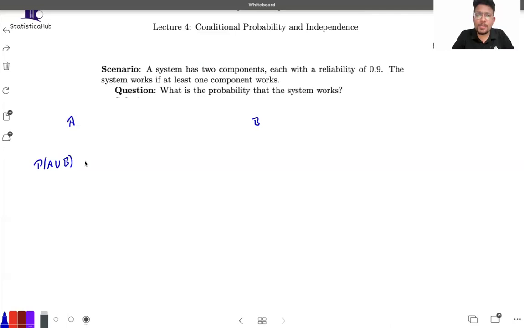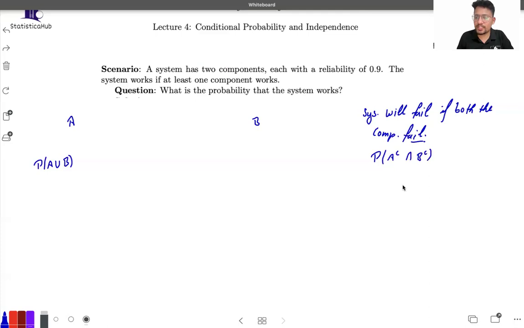The system will fail only in one condition: if both components fail. When both components are failing, that is simply the probability that A is not working and B is also not working. We can see these 2 components work independently from each other. So that will be probability of A complement times probability of B complement.